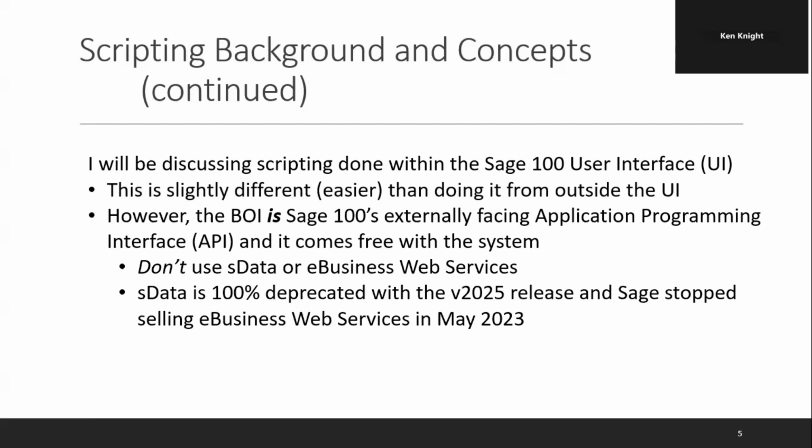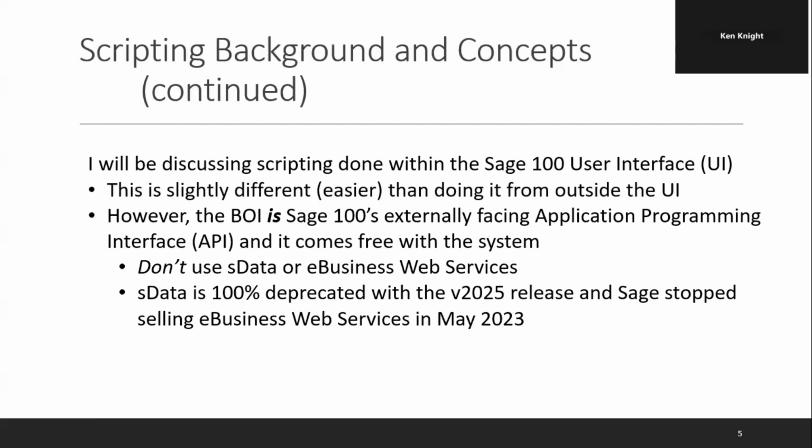And when I say 100% deprecated, it does not come with the software. It's not there. So if you were using it to write an interface, it's not going to work, and there's no way you can make it work. It doesn't exist. Additionally, Sage stopped selling eBusiness Web Services in May of 2023. I would anticipate that at some point they will fully deprecate that as well, and it simply will not be available or supported at all.